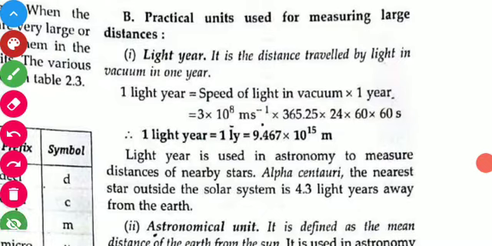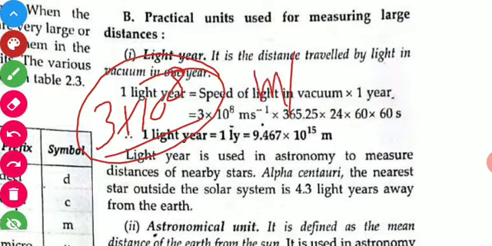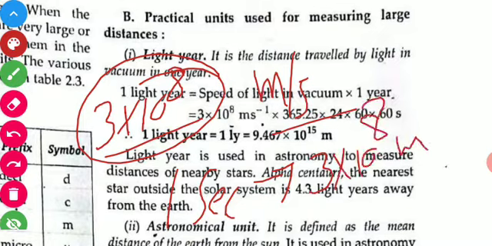So, what is a light year? We know, students, that light travels with the speed of 3 into 10 to the power 8, in meters per second. It means that in 1 second light travels 3 into 10 to the power 8 meters.